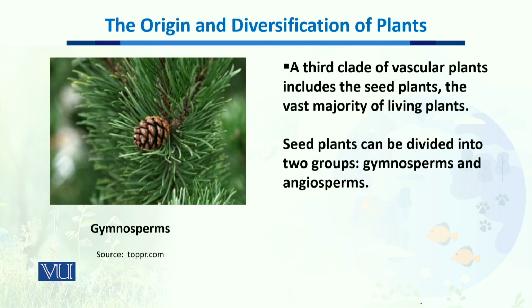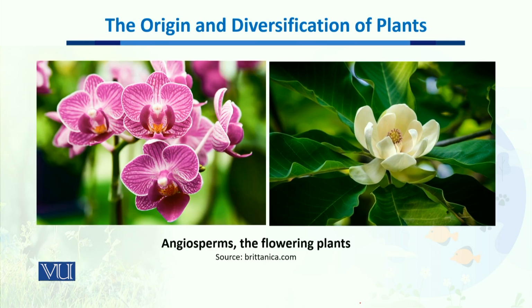Gymnosperms normally have their seeds hidden in a very thick shell, just like you might have seen the cones of different pine trees. Here is the example of this cone. This cone contains the seeds in its hard shells. You can find these seeds hidden inside their fruiting body.